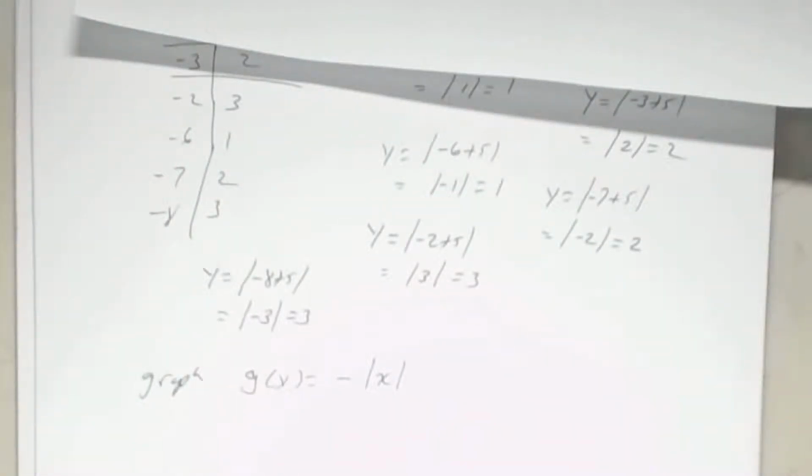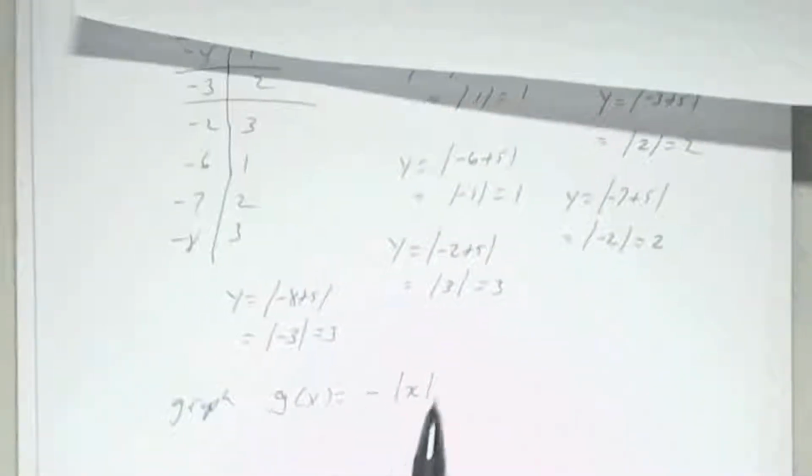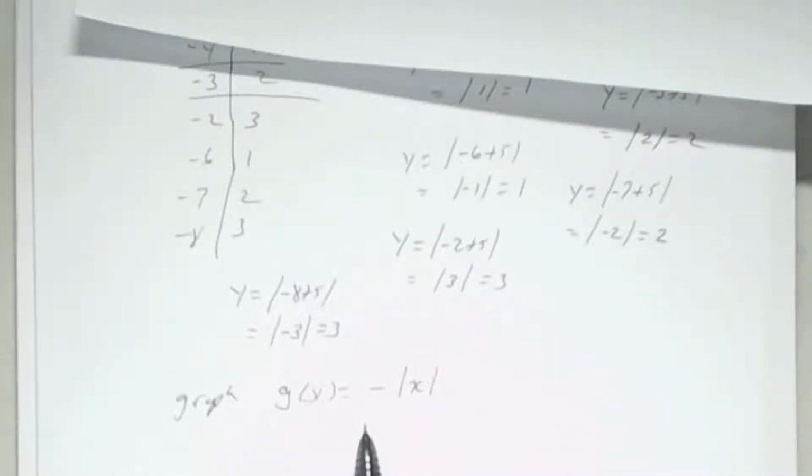But see that negative right here, out in front of that parent function? Remember, the parent function is absolute value of x. The negative out in front makes all these y values what kind of numbers? Negative. And where are your y coordinates negative? Above the x-axis or below? Below. So that's where it's going down like that.